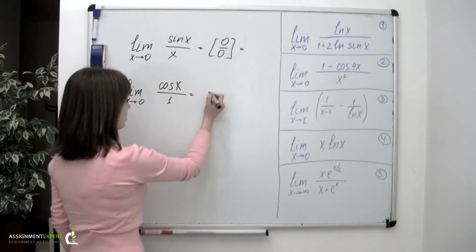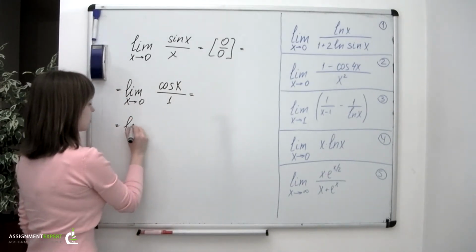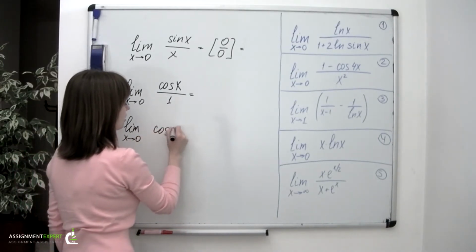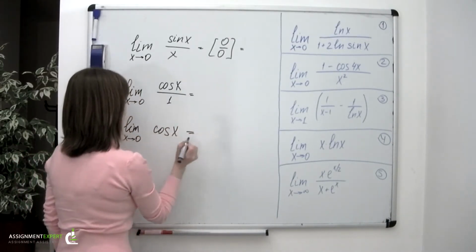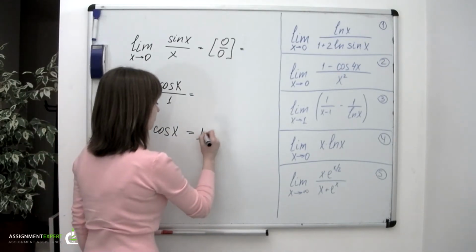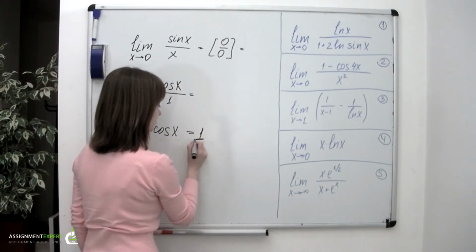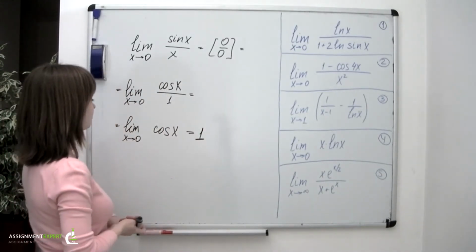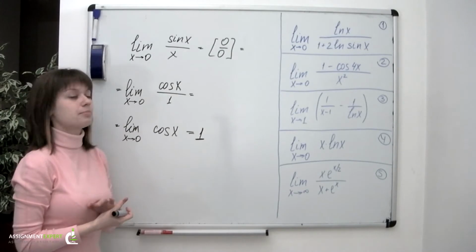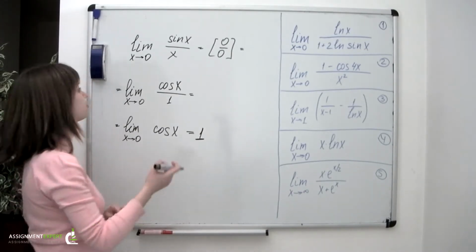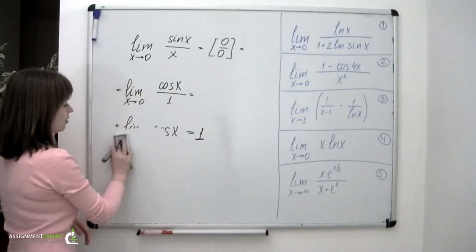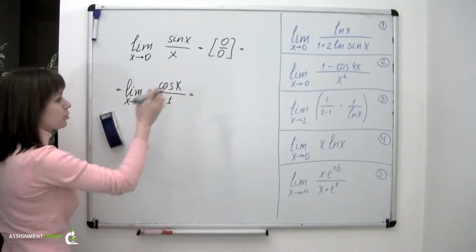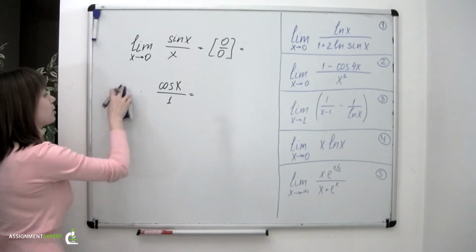So this leaves us with the limit as x approaches 0 of the cosine of x, which is equal to 1. Now that's a familiar result, but we've obtained it easily by using L'Hopital's rule. Let's do a couple more examples. I have them written on the board, so we'll do them one by one.